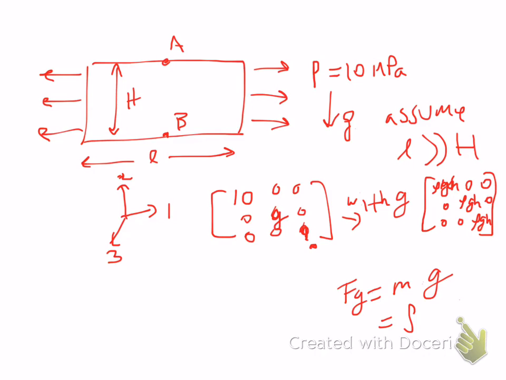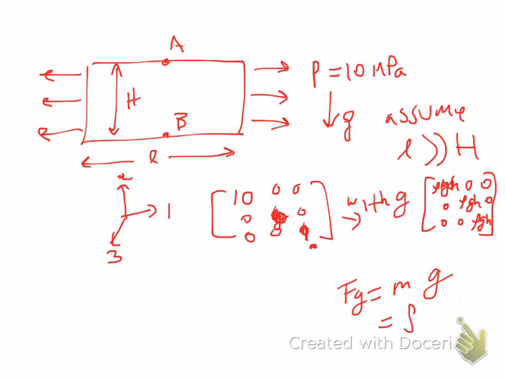This is just due to the original 10 megapascal stress. Rho GH is our pressure. And so what's the net stress at A? 10 plus rho GH.